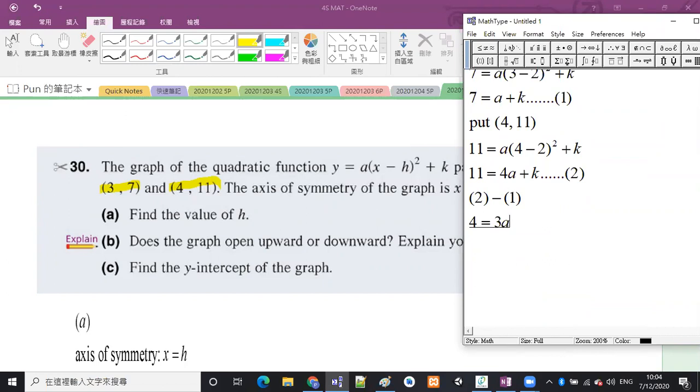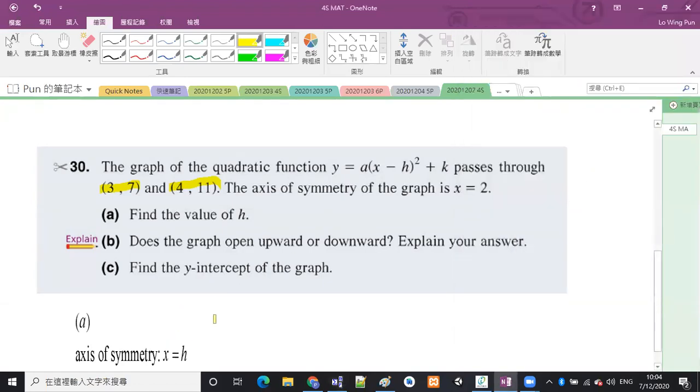And then the k terms will be completely cancelled. So a will be equal to 4 over 3. Get it? And 4 over 3 is larger than 0. So we can conclude that the graph opens upwards. Okay, so that is the explanation.